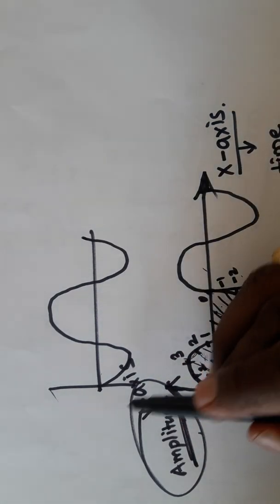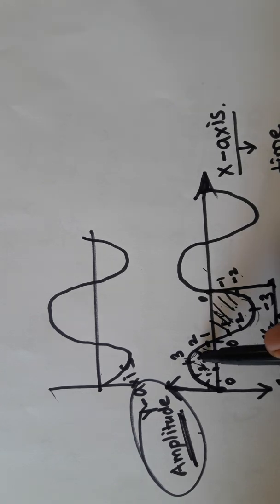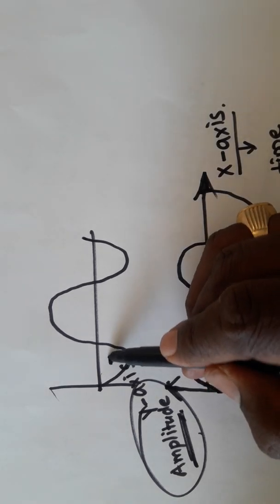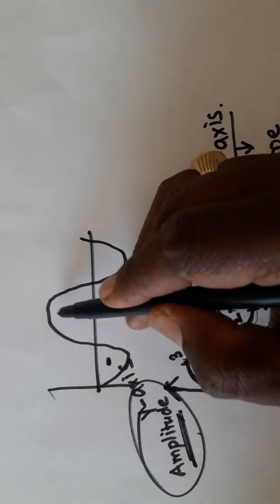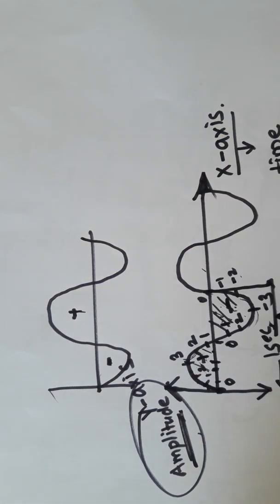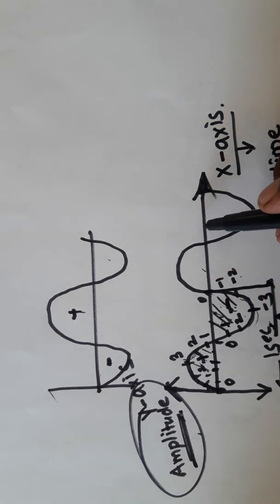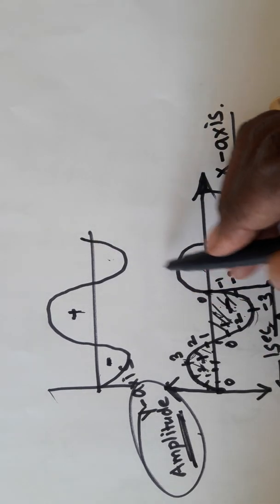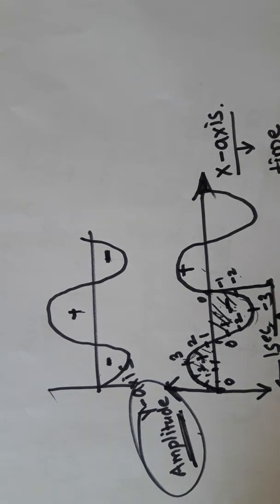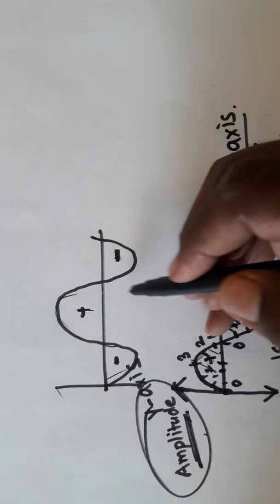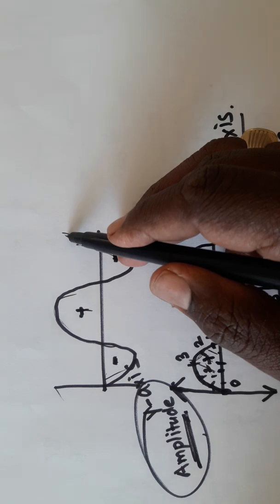Here you are observing a positive half cycle, here it is a negative half cycle. Here you are observing a negative half cycle, and at that point it is a positive half cycle. This means there is a change in phase. So the phase shift gets changed.